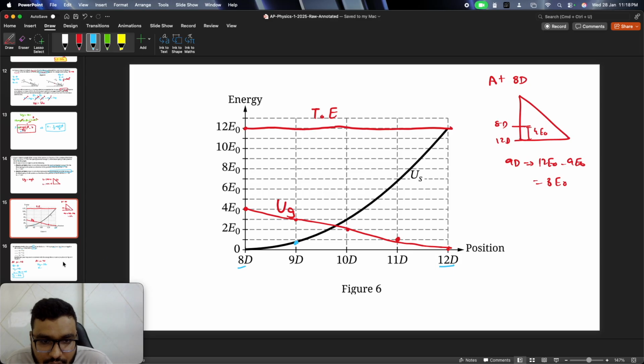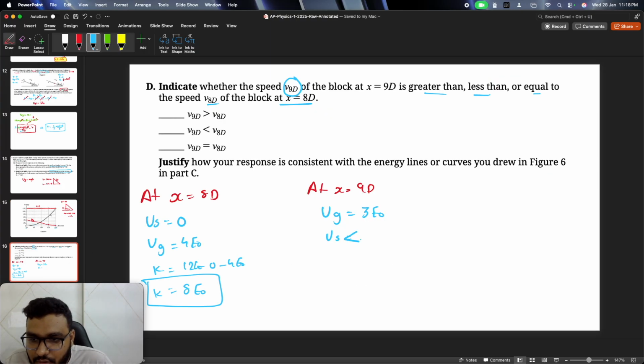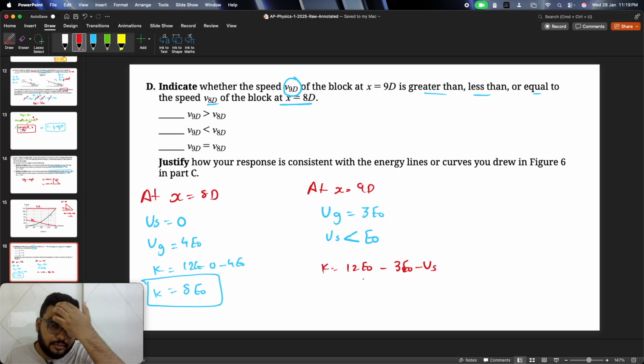So I can say that Us is less than E naught. So if Us is less than E naught, then when I compute kinetic energy equals 12 E naught minus 3 E naught minus the spring potential energy, this total thing is definitely going to be more, right?